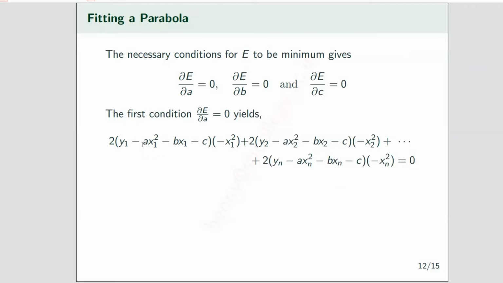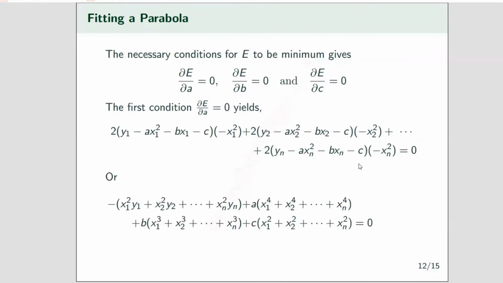So it becomes minus x1 square, plus 2 into (y2 minus ax2 square minus bx2 minus c) into minus x2 square. Here also it operates only on the term with a present. Likewise, the last term is 2 into (yn minus axn square minus bxn minus c) into minus xn square.